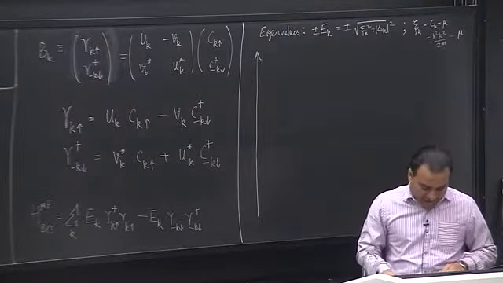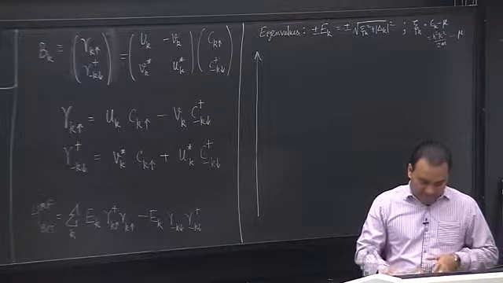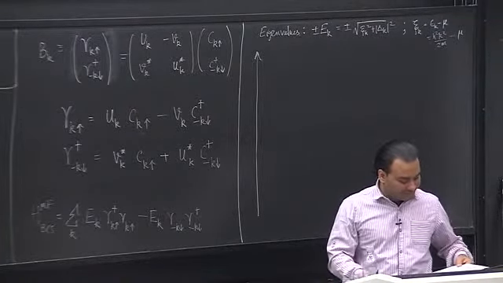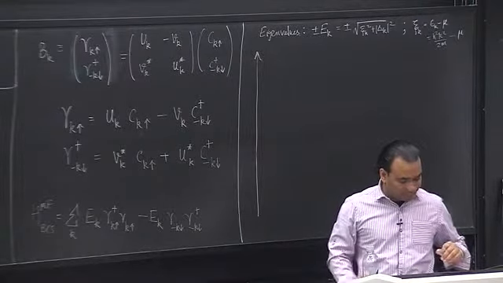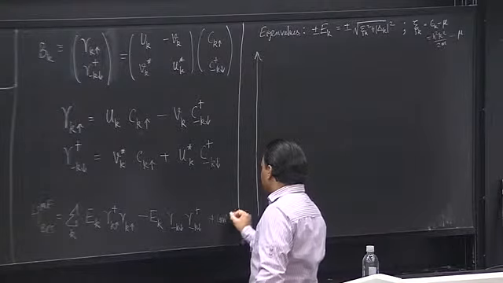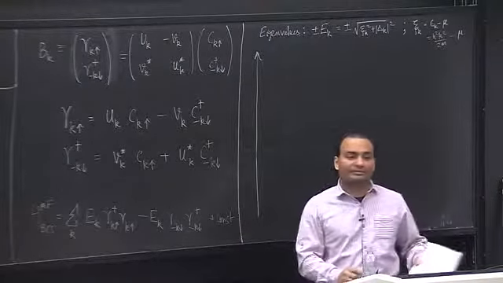So after my unitary transformation, this is the Hamiltonian that we have. Plus there are terms that don't have gamma operators at all.